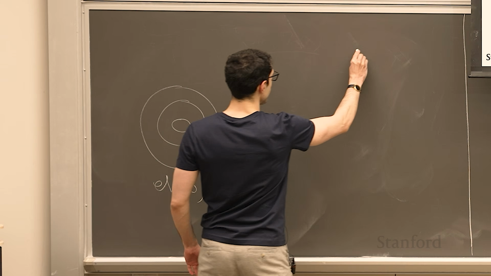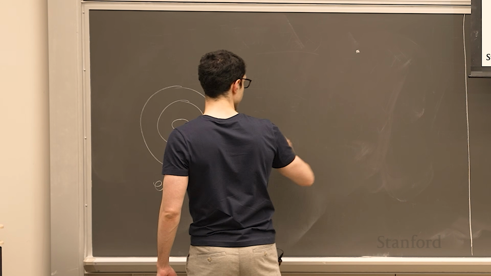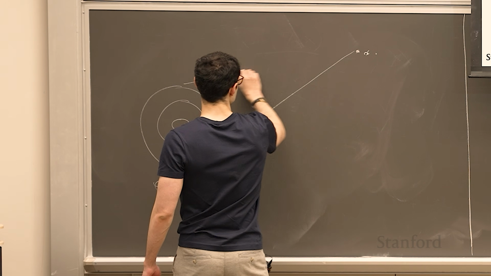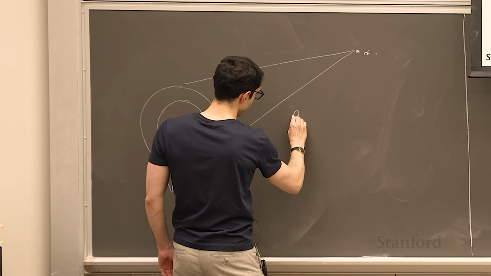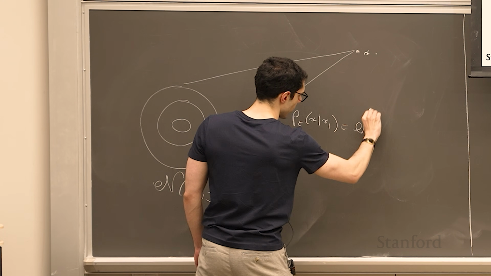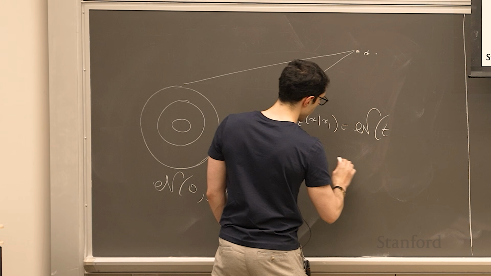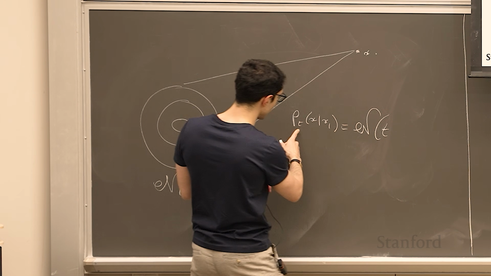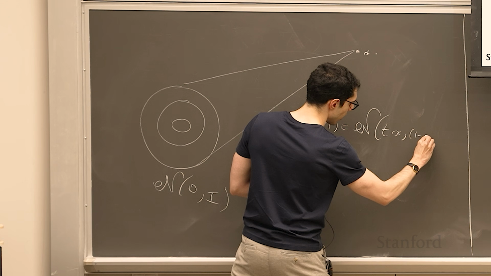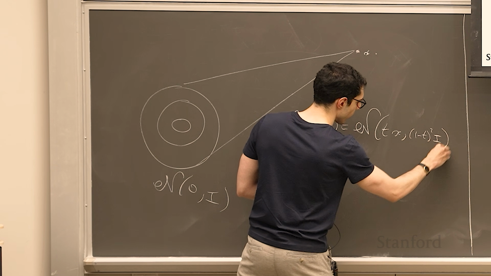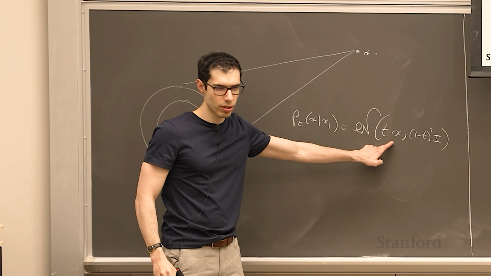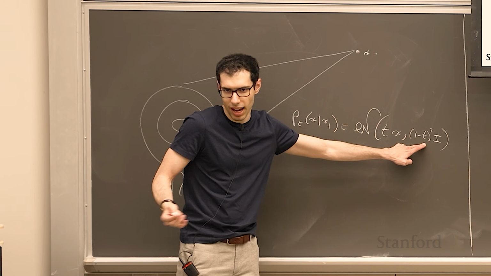In order to go from here to this point, which is x1, we're going to have a path p_t given x1, which is a normal distribution, as a function of t, because it's a probability path at time t, with mean t x1 and variance (1 minus t) squared I. So when t equals 0, this is 0, this is identity.